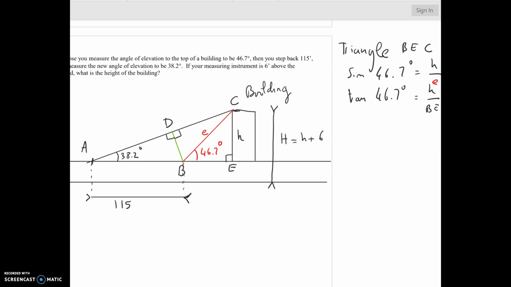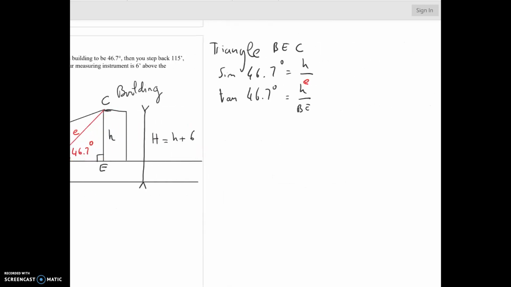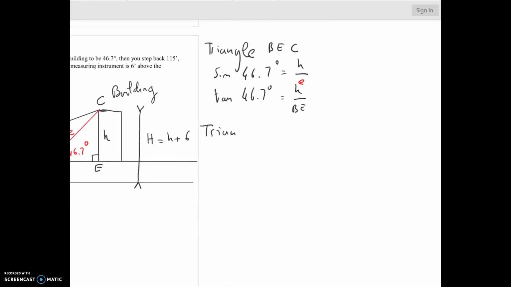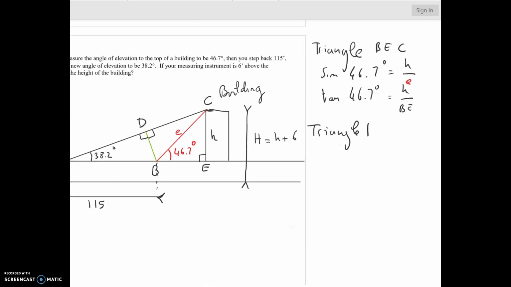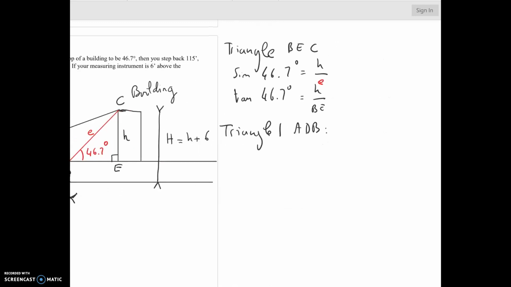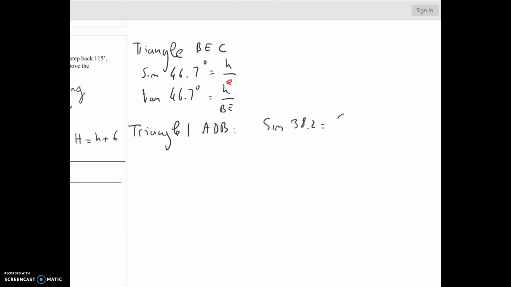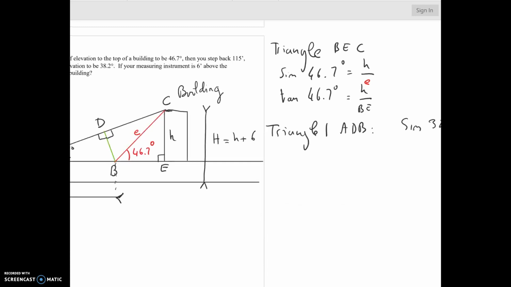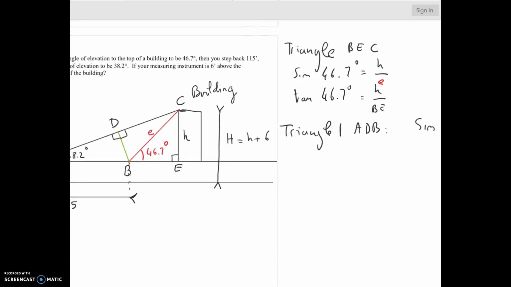So if I take the triangle number 1, which is the triangle ADB, I know that the sine of the angle 38.2 degrees is equal to A divided by 115.